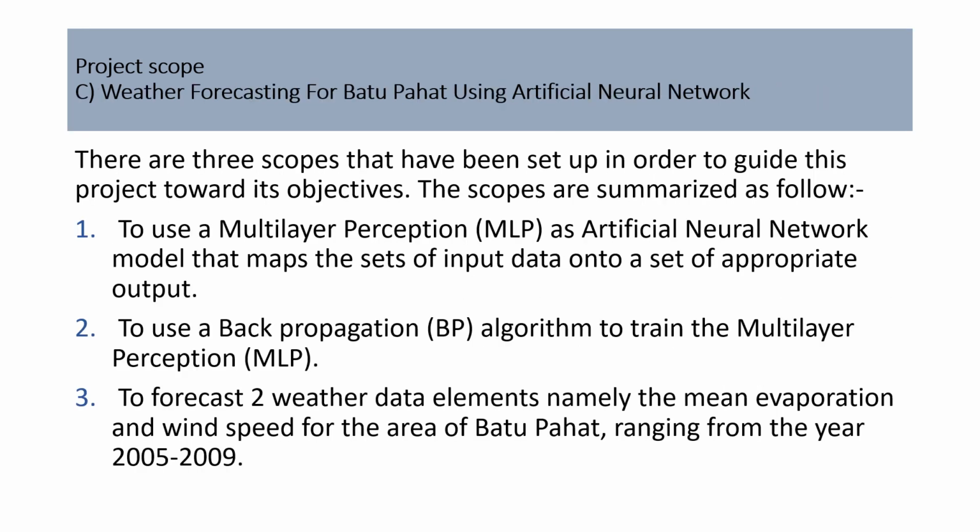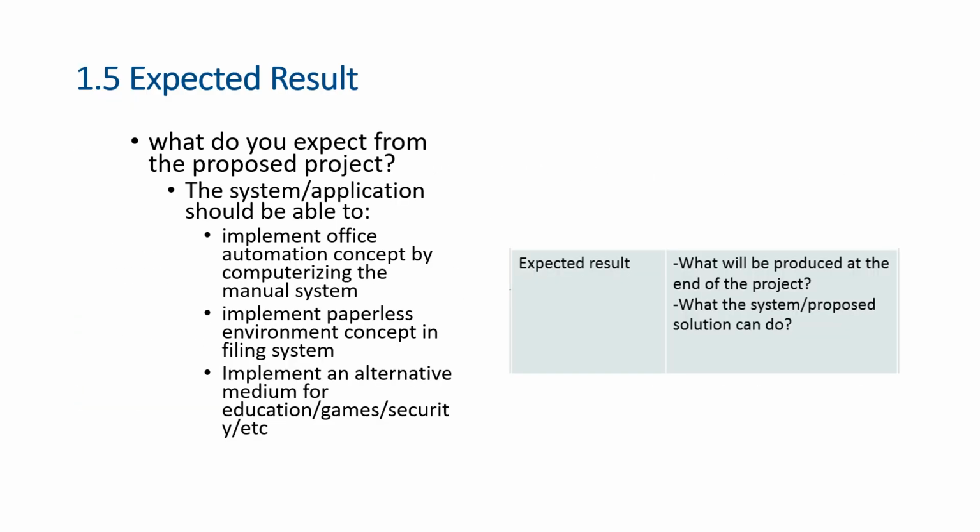Next is the expected result. What do you expect? What I, as a supervisor, as a panel, as your stakeholder, expect from the project. So what do you expect from the proposed project? At the end of the project, a system will be developed.